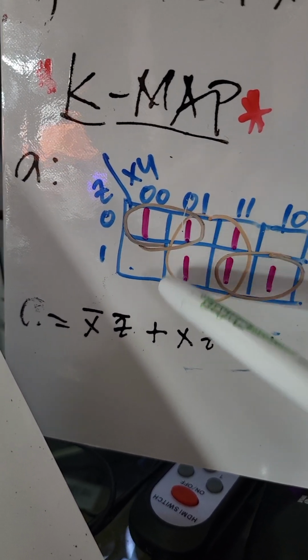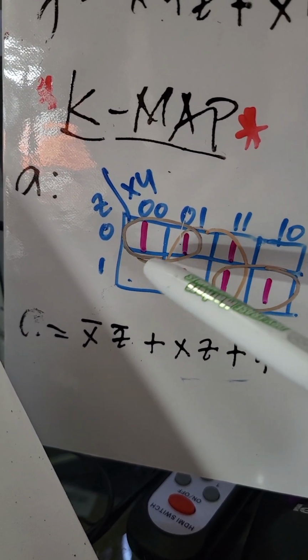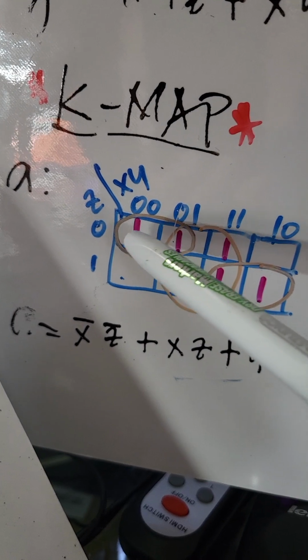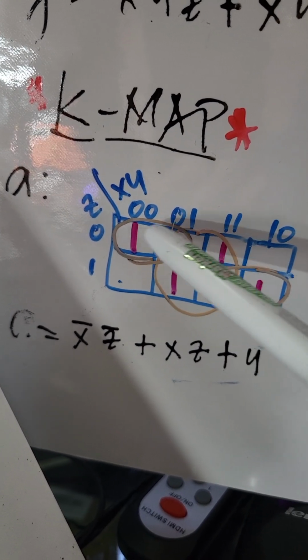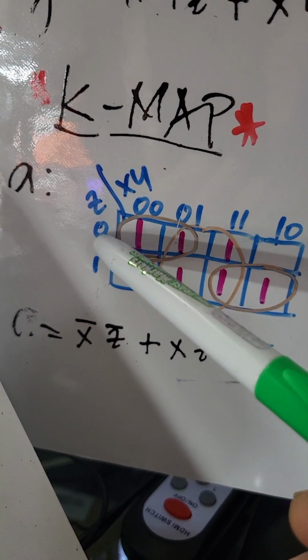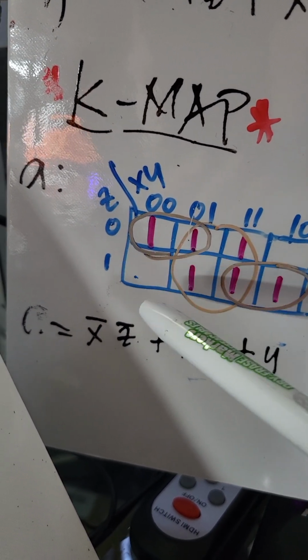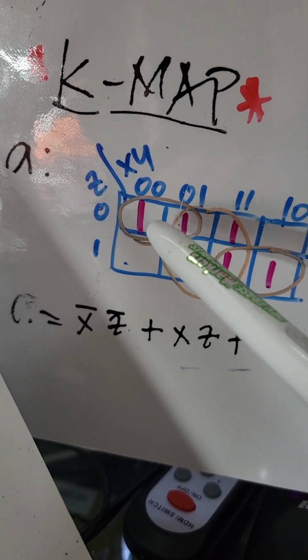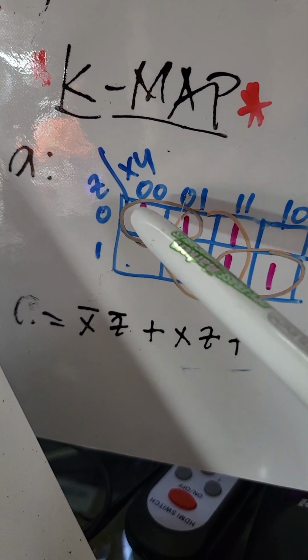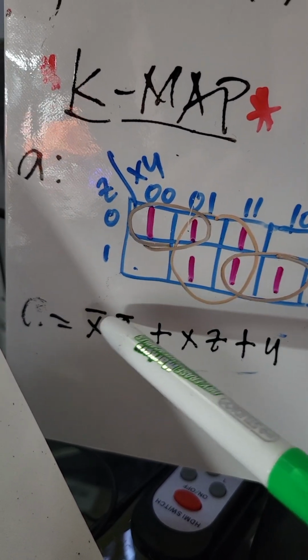This one, how to simplify here, like for example here, this pair 1, 1, 0, 0, 0, 1, then 0 in variable Z. So the remaining here is X bar and Z bar.